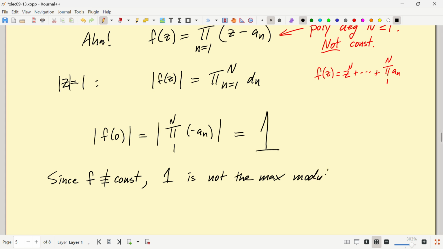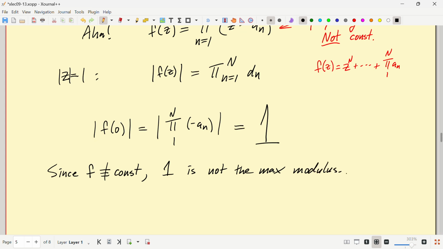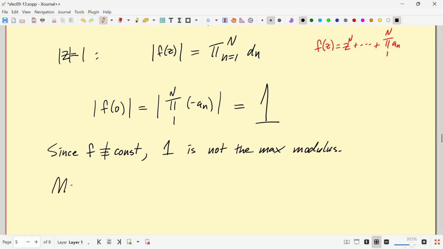So the maximum modulus is bigger than 1, and it occurs on the boundary.